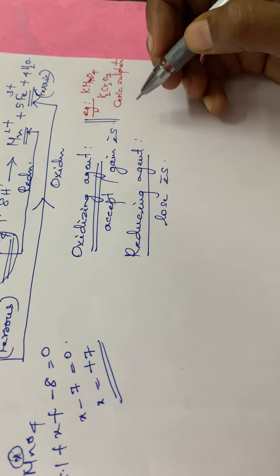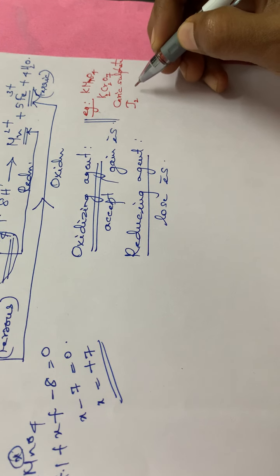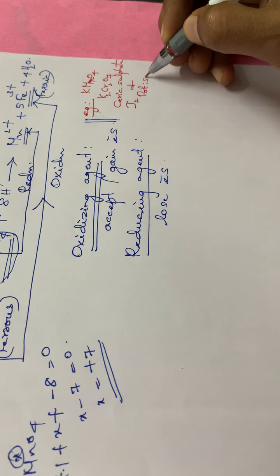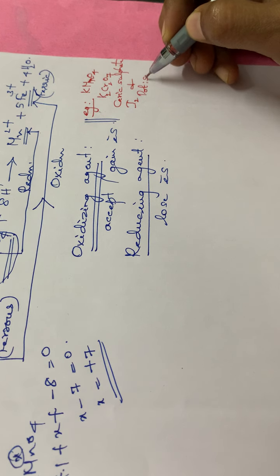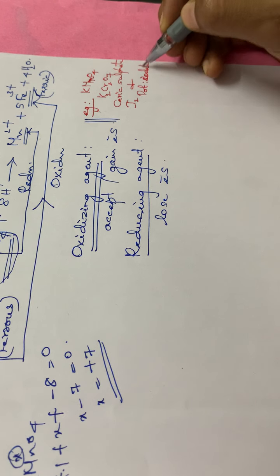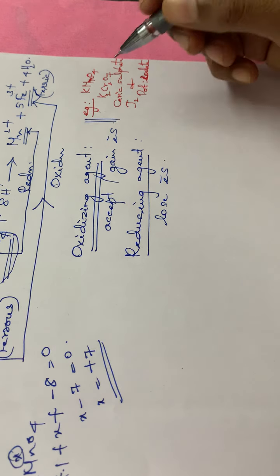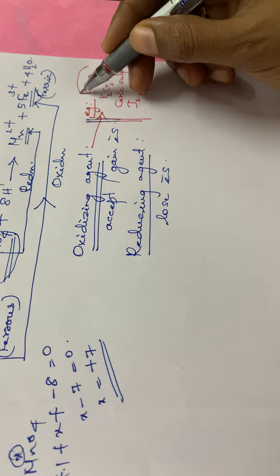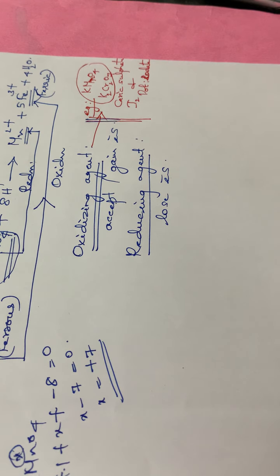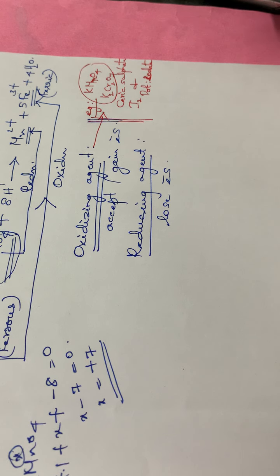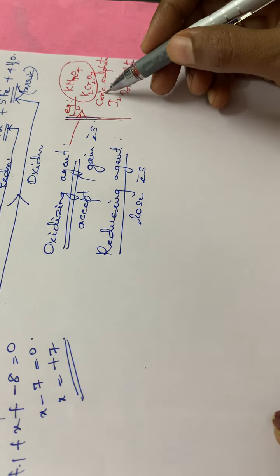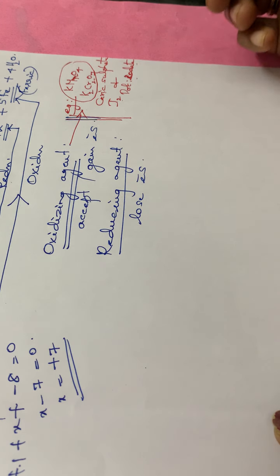Then iodine and potassium iodate. The most common oxidizing agents are potassium permanganate and potassium dichromate. You have to study at least these two names. Then come ceric sulfate, then iodine and potassium iodate.